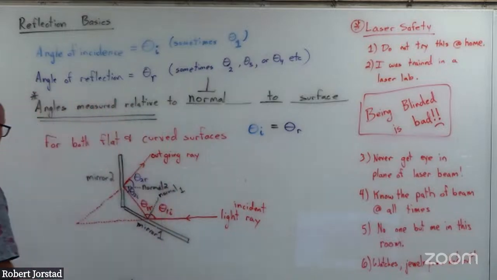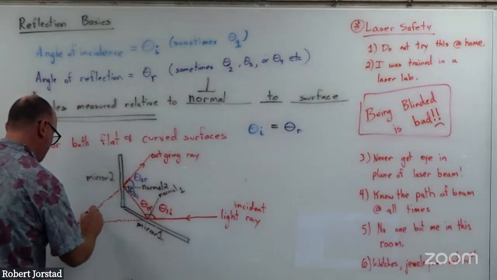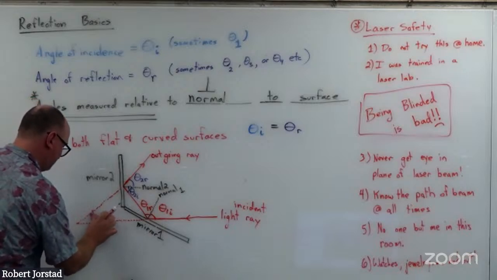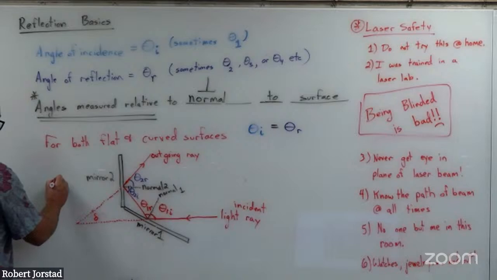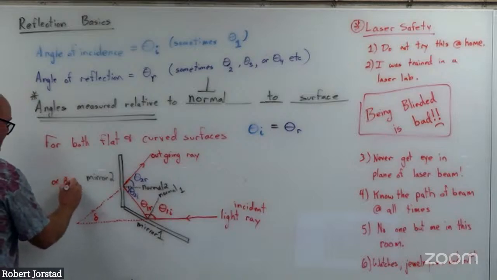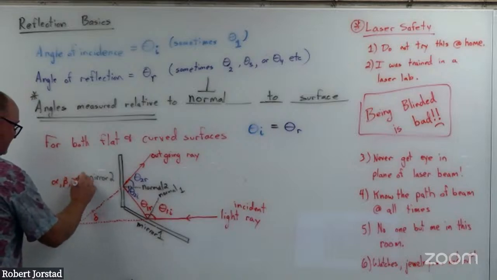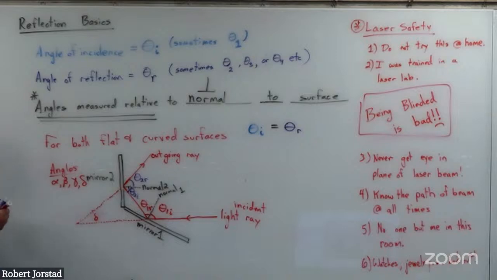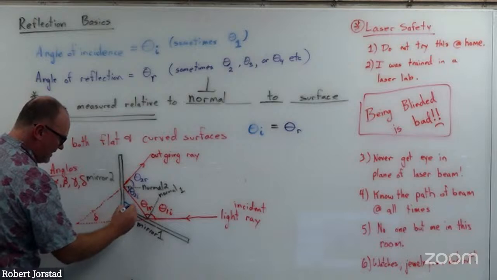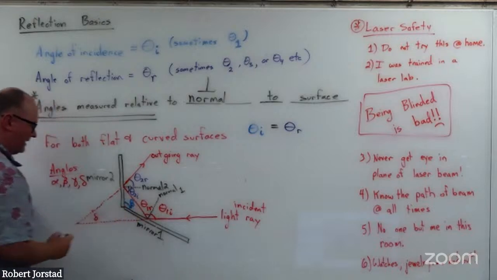And so we could call this angle here maybe lowercase delta. So we're oftentimes going to use the letters alpha, beta, gamma, and delta to describe angles in these problems. So for example, maybe I want to give a name to this angle right here. Maybe I could call this angle beta.